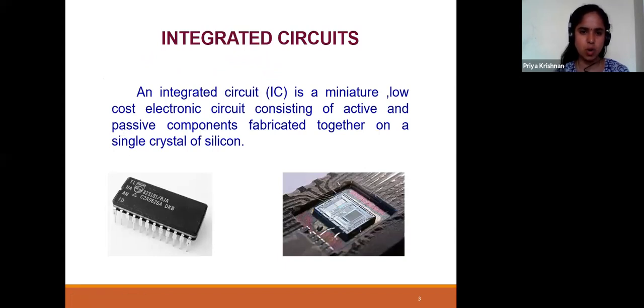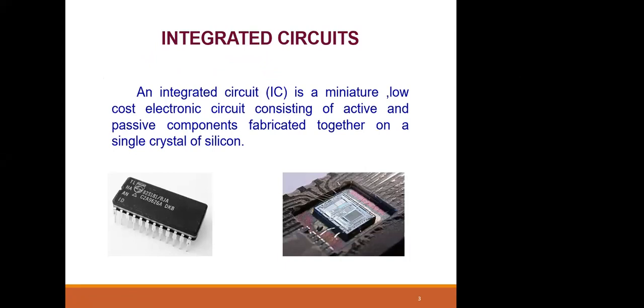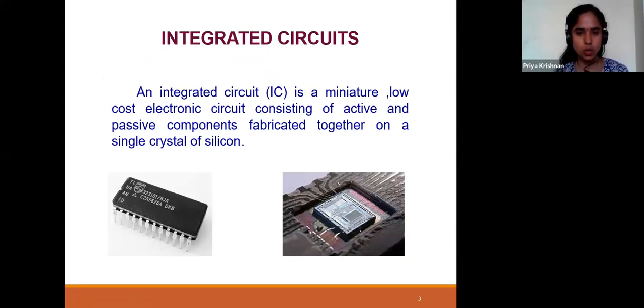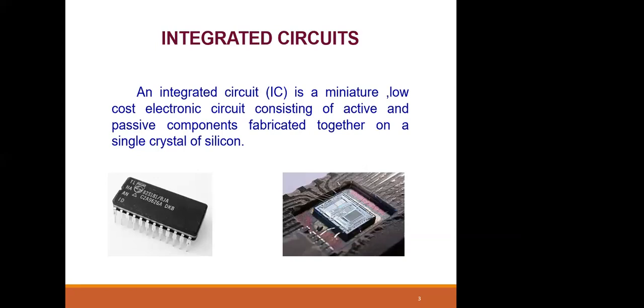It is very small and low cost. We have seen so many integrated circuits, IC chips, which involve active and passive components. I hope you all know what are active and passive components. The passive components fall like resistor, capacitor, all this falls in the passive component, and active components are the others.